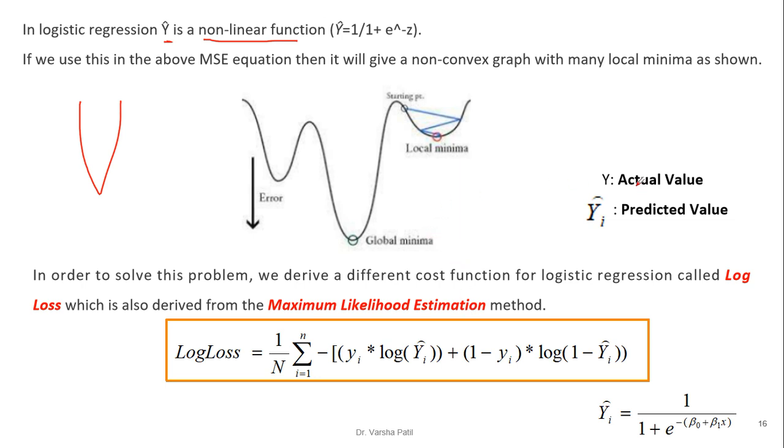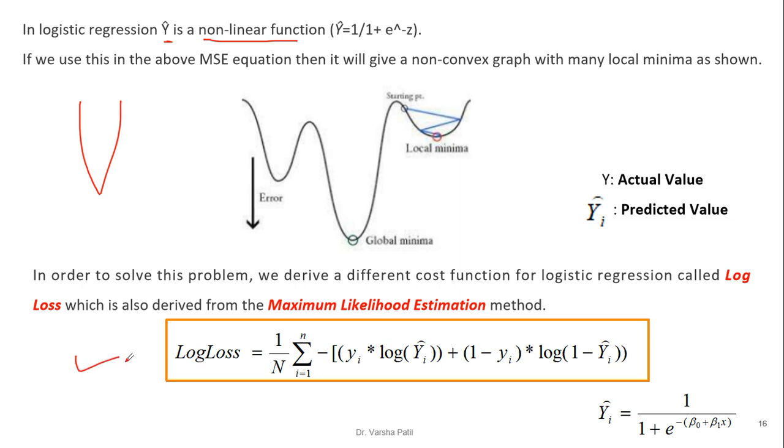So y is your actual value and y cap is the predicted value, but we are not using the same cost function as linear regression; here we change the basic equation. In order to solve this problem, we derive a different cost function for logistic regression called log loss, which is also derived from the maximum likelihood method.